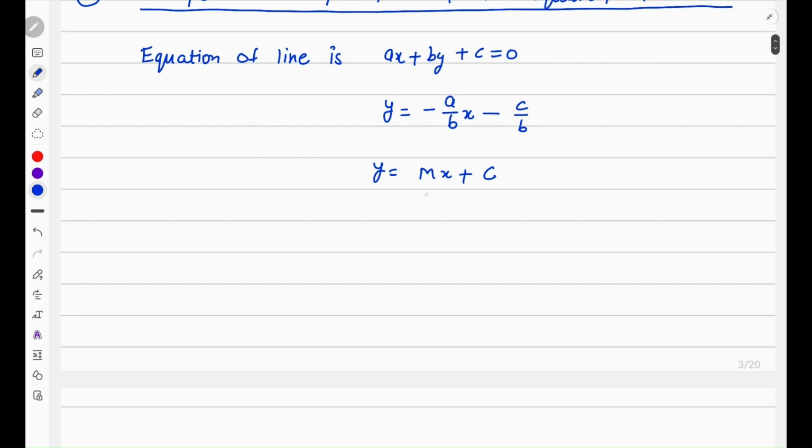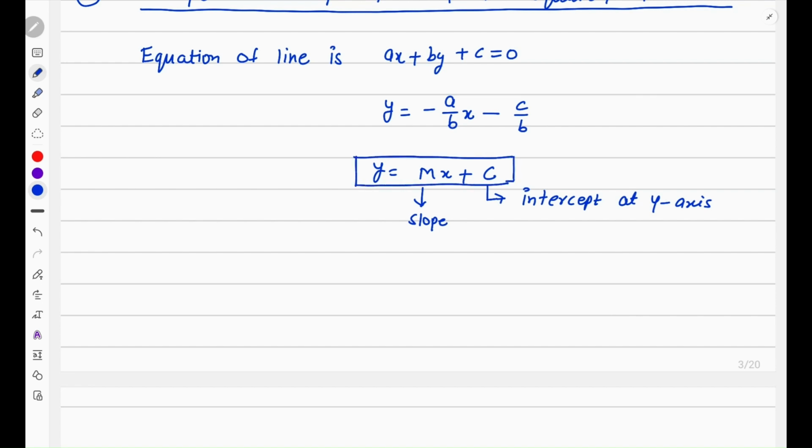So this m represents the slope and this represents the intercept at the y-axis. So this is the slope-intercept form of a line.